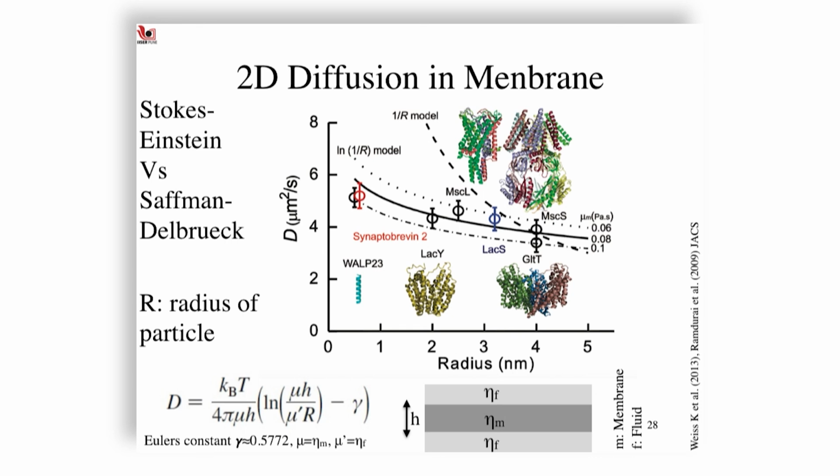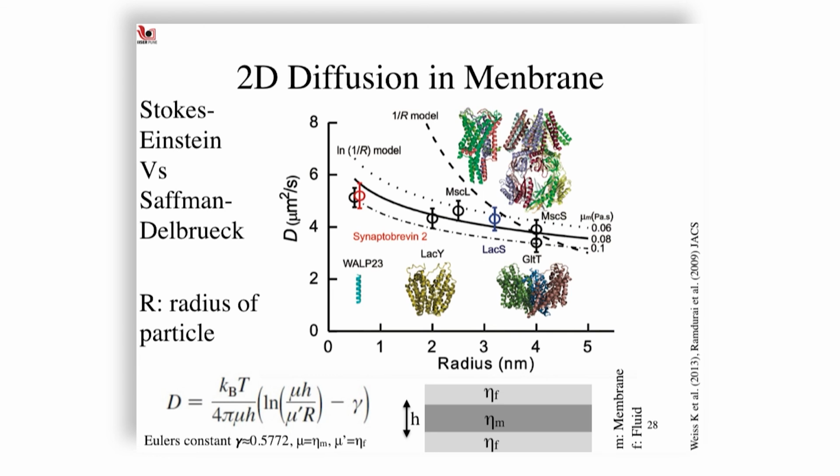What you're looking at here is the comparison between the Stokes-Einstein relation for diffusion estimation and the Saffman-Delbrück estimation of D, which is in a slightly more complex form, kBT upon 4 pi mu h, where mu is the dynamic viscosity of the membrane, h is the height, and then in the brackets is a natural log term with mu h upon mu prime r, where mu prime is the fluid viscosity.